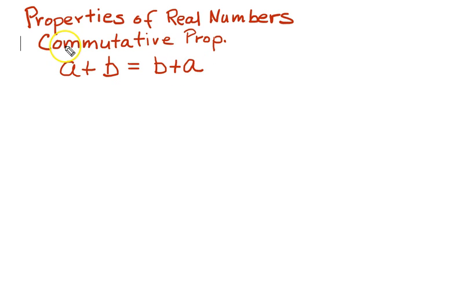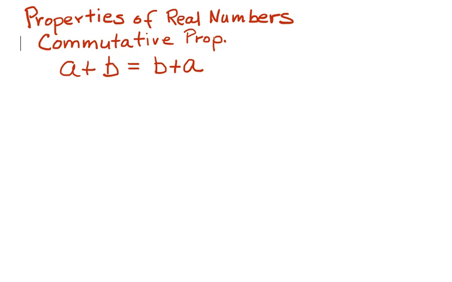So what does the commutative property do? It sort of reverses the order. And as you probably would imagine, this is the commutative property of addition. These are called addends, and you can arrange them and reverse them, and the answer is still the same.